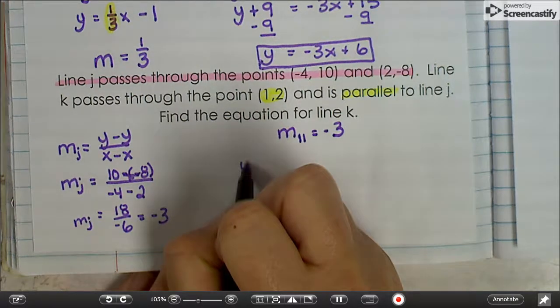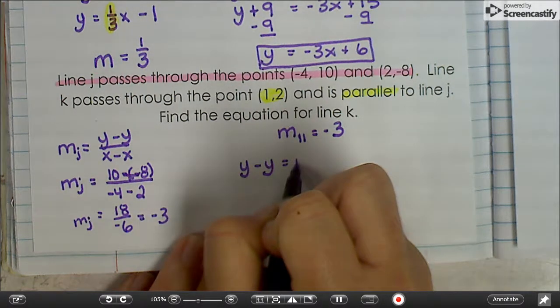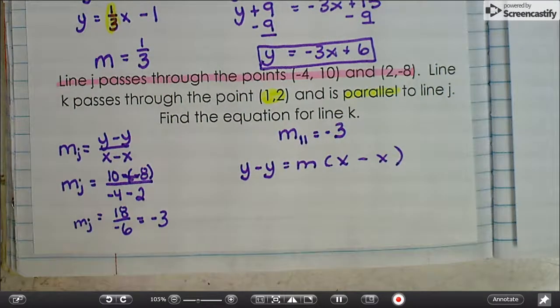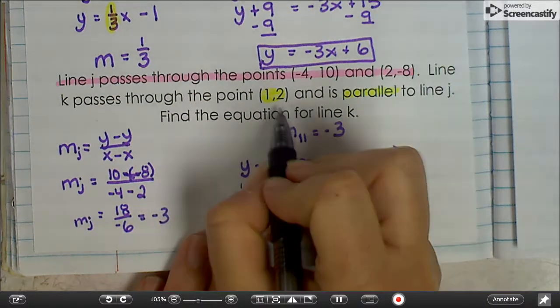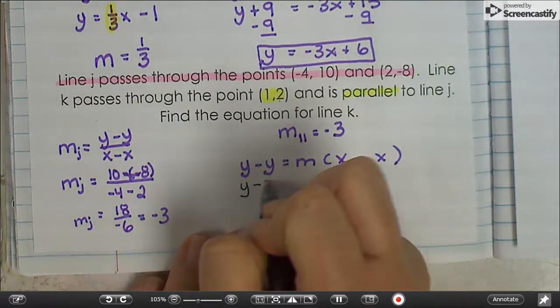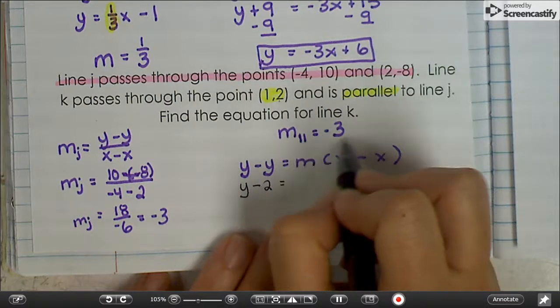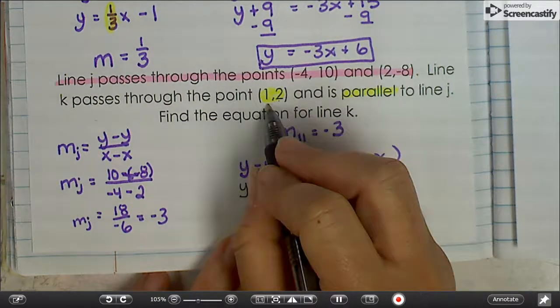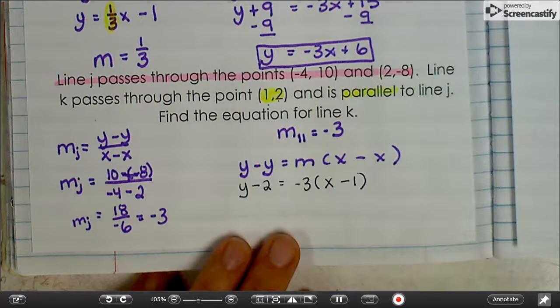So we're going to use the formula y minus y equals m times x minus x, and substitute into that formula the things that we already know. So y minus 2 equals m, -3, times x minus 1.